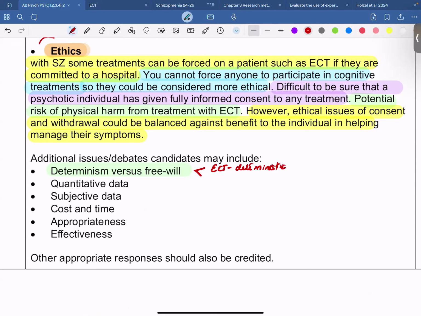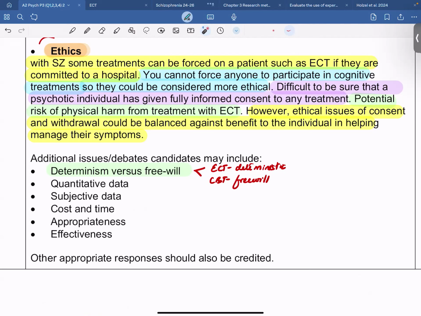The example that I gave you explains how ECT could be considered deterministic, whereas CBT leans more towards the free will end, because as individuals are encouraged to identify and challenge their cognitive distortions, this fosters empowerment and a very active change. I had just discussed this a minute ago.